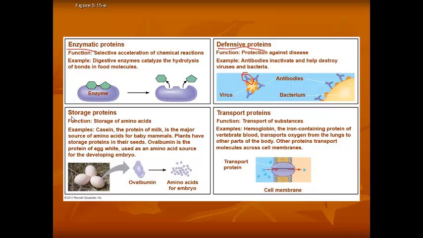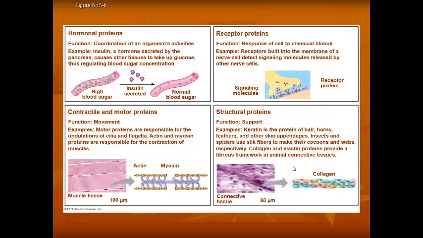Proteins can be used to store amino acids. Proteins are used in transport. They are used as tunnels that allow large materials to enter or leave our cells. Proteins function as hormones within the body, used to communicate messages from one part of your body to another part of your body.